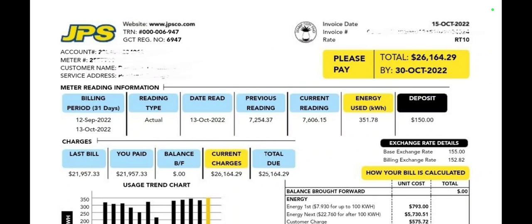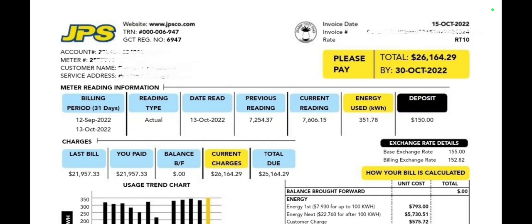Yep, so billing period, which is 31 days, that varies, depends on which month you're in. So it can be like 31 days, 30 days, probably even 29 days, or maybe even 28 also. So this billing period is from the 12th of September to the 13th of October, and the reading type is actual. So before JPS got their smart meters, you would actually see estimate sometimes for the reading type.